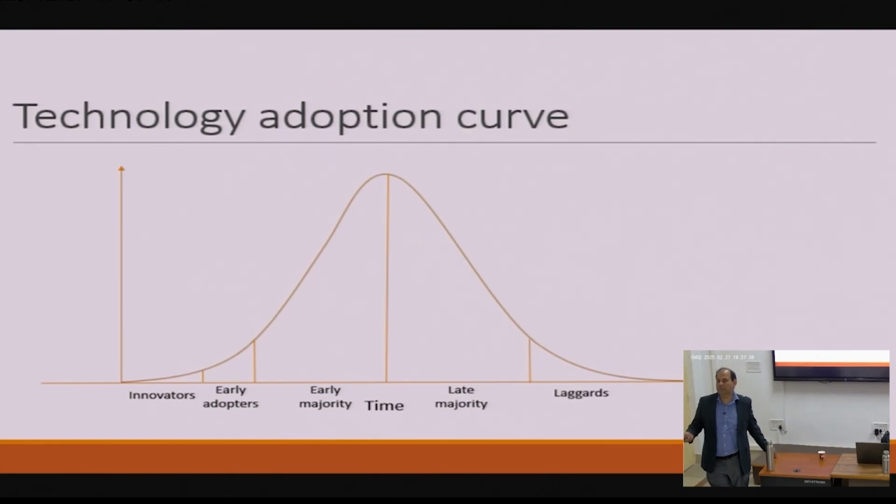Let's say the innovators may try it and then say, you know what, this didn't work out, or something else came in the market that's better, or the initial reviews are bad, right? Or the manufacturer cannot scale up production, or a whole bunch of things can happen, okay? So not every product will continue on this curve. If you can do this entire thing, then you're successful. So not all products succeed.